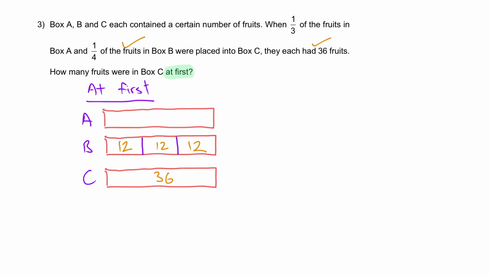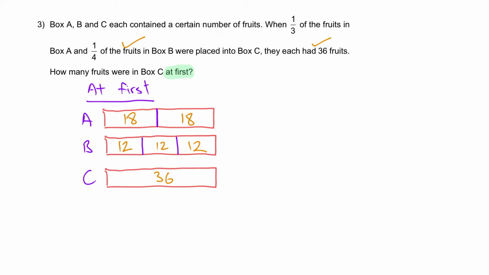Let's go to A. What happens to A? A third of the fruits in A was given to C. So you give away 1/3, you are left with 2/3. Hence, you are left with just 2 units. So 1/3 went down. How many fruits are there in each unit here? 36 divided by 2, we will get 18.